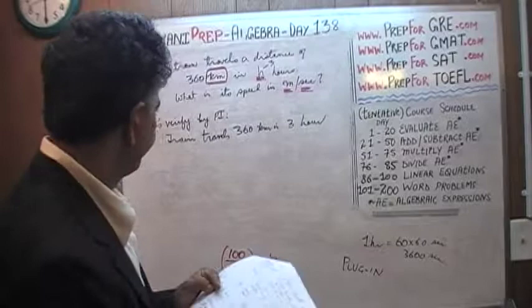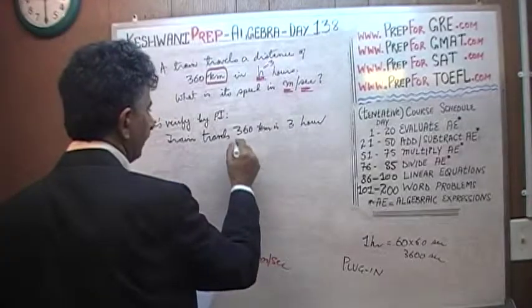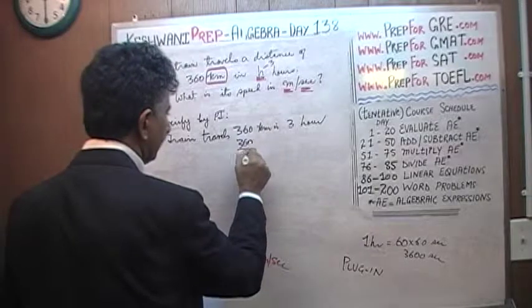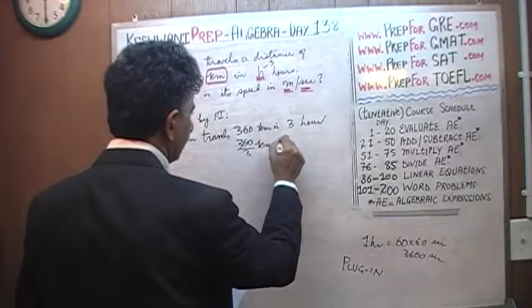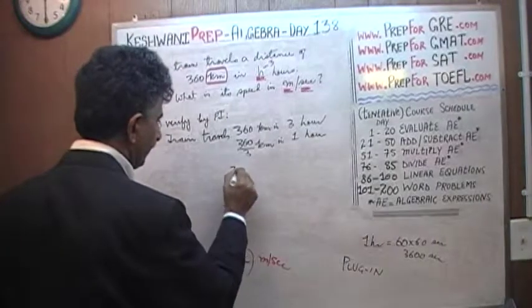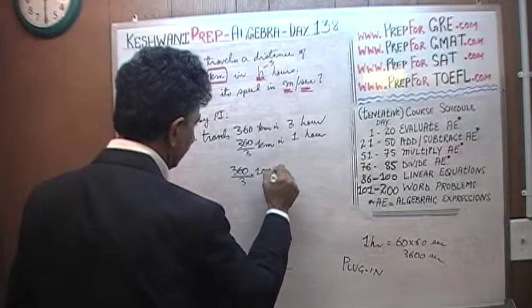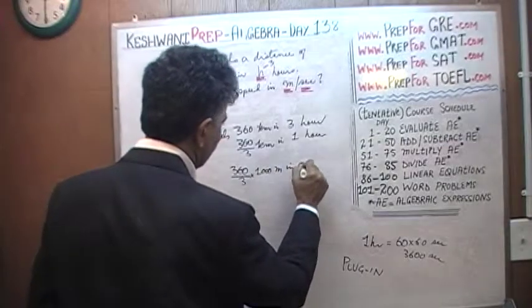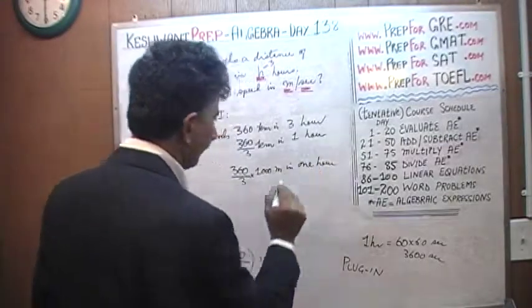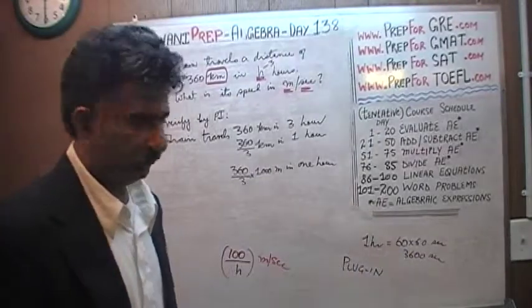That's all. So 360 kilometers in 3 hours is the same as 360 divided by 3 kilometers in 1 hour, which of course is the same as 360 over 3 times 1000 meters in 1 hour. 1 hour is the same as 3,600 seconds.